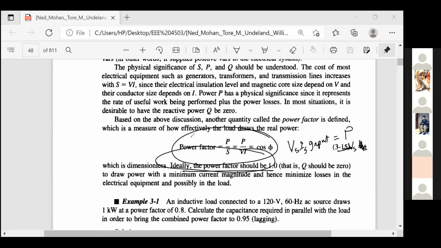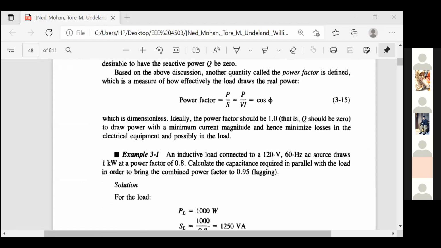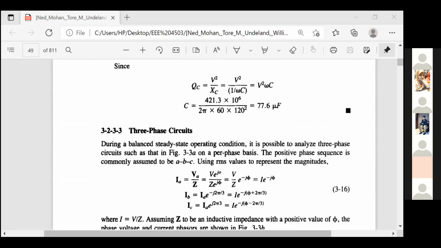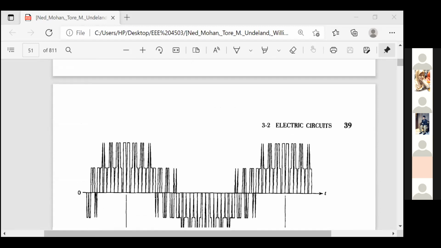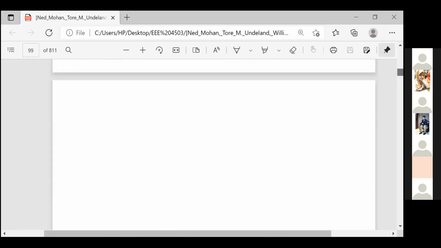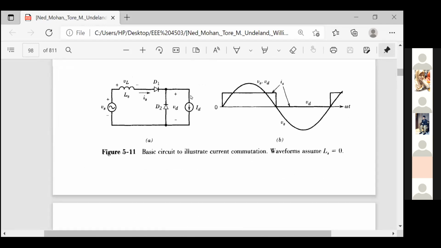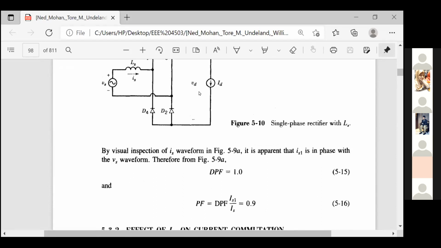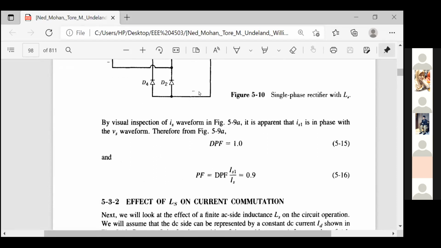Then let us go to our original equation. Just hold on. Here, what did we get?